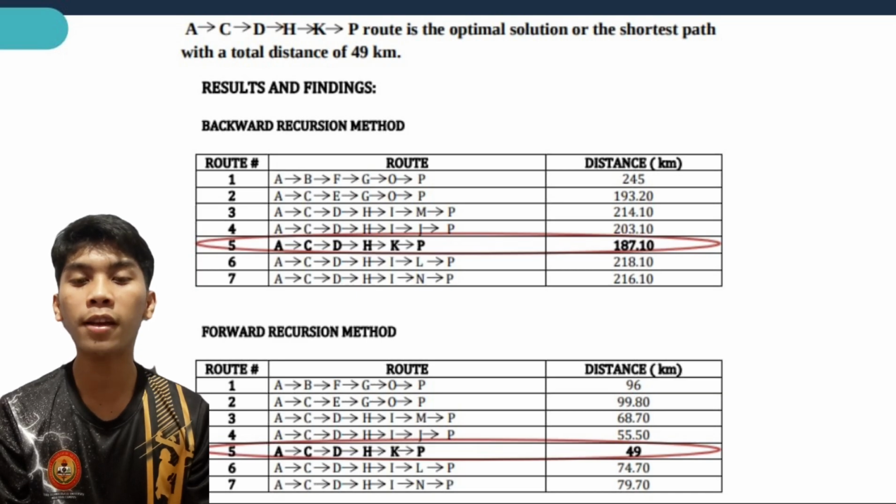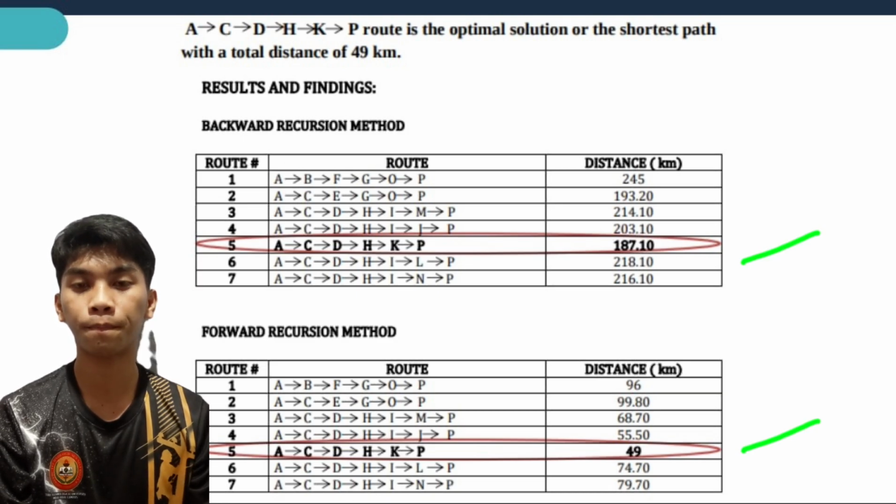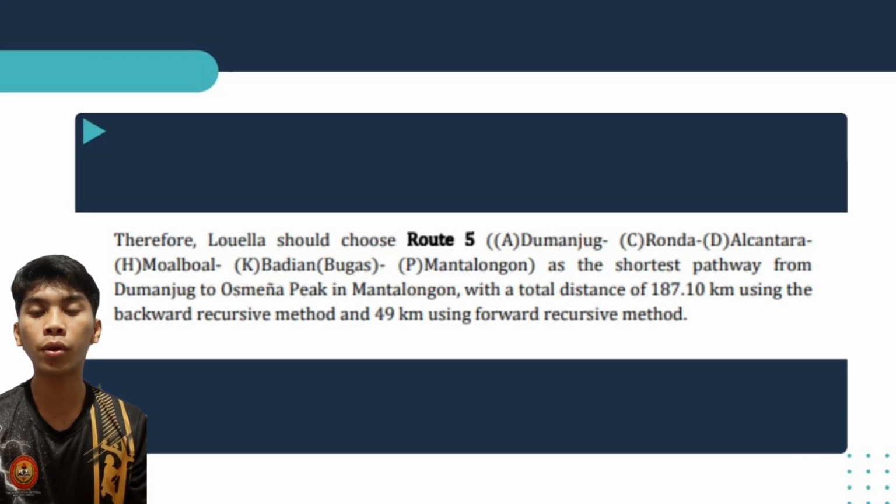The results and findings using the two recursive methods show that they have the same route but different distances. Therefore, Luella should choose Route 5: Tumanhog to Ronda, Ronda to Alcantara, Alcantara to Moalboal, Moalboal to Badian-Bugas, and Badian-Bugas to Mantalongon as the shortest pathway from Tumanhog to Osmeña Peak in Mantalongon, with a total distance of 187.10 kilometers using the backward recursive method and 49 kilometers using the forward recursive method.